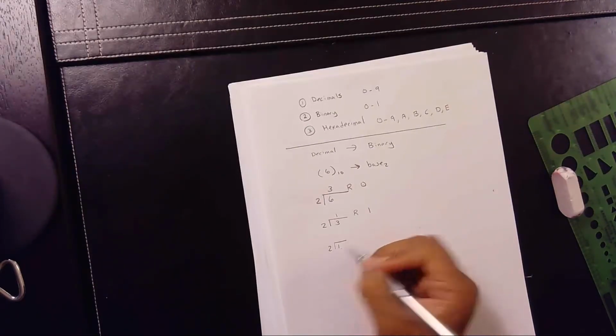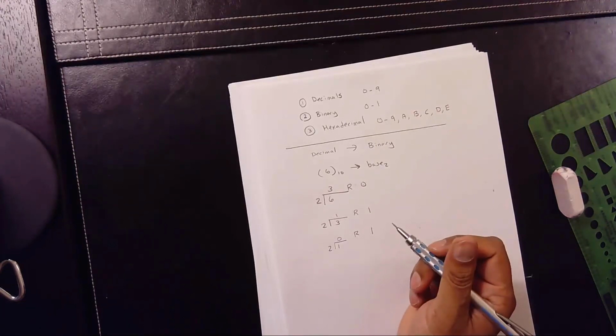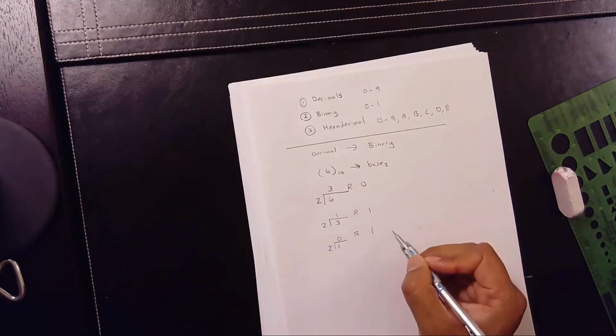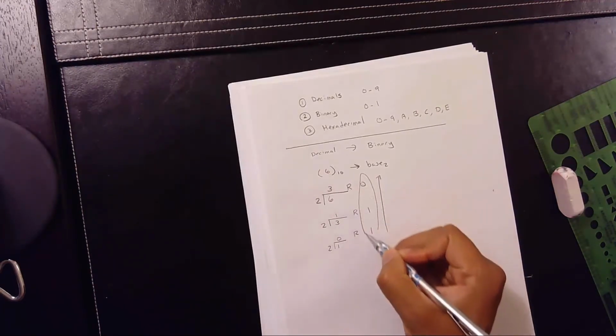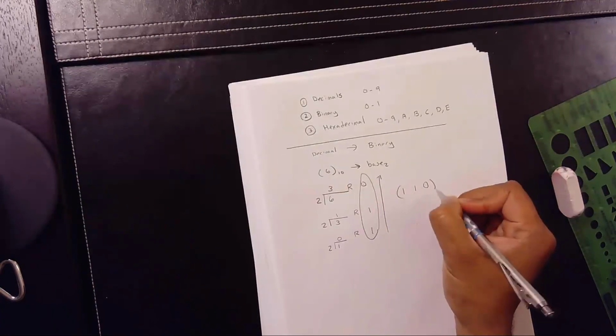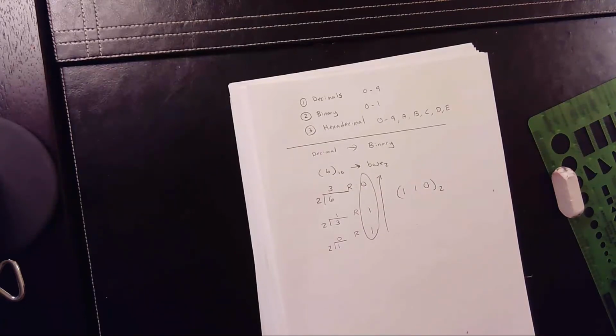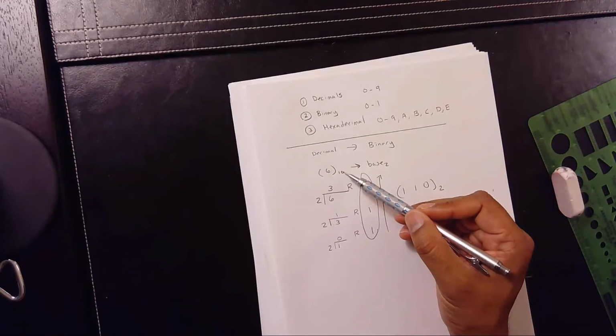We have to get down to 0, obviously. It's 0, remainder 1. So what's our answer? We go up this way. When we go up, it's 1, 1, 0 binary. 1, 1, 0 binary is 6 base 10.